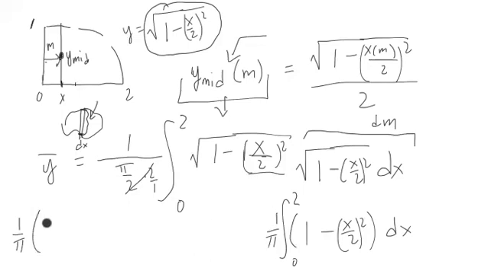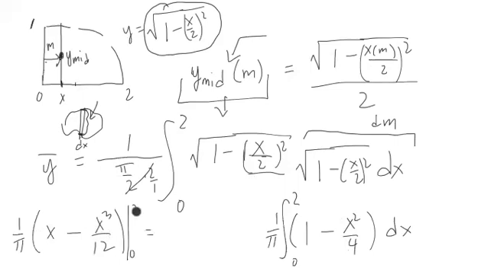In the integration, we have x minus, and so this is really x squared over 4. So let's write it that way right here, x squared over 4. Okay, so that would become minus x cubed over 12. And then we're going from 0 to 2.